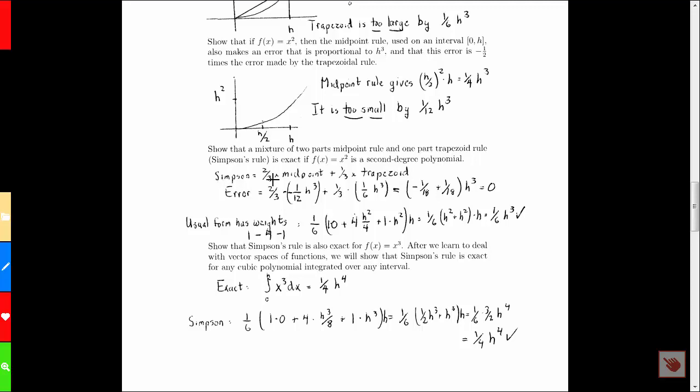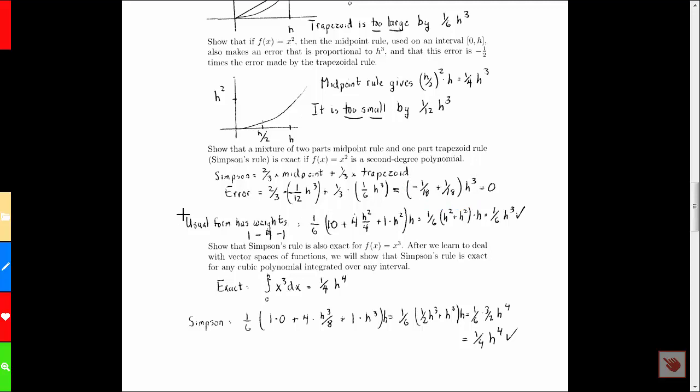Let's check our error. 2/3 midpoint means we've got 2/3 of the error minus 1/12 h cubed. 1/3 trapezoid gives us 1/3 of the error 1/6 h cubed, and when we combine those we get 0.